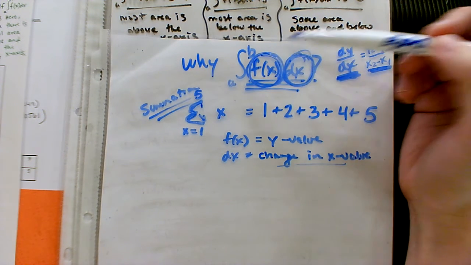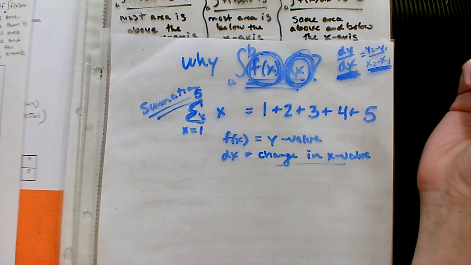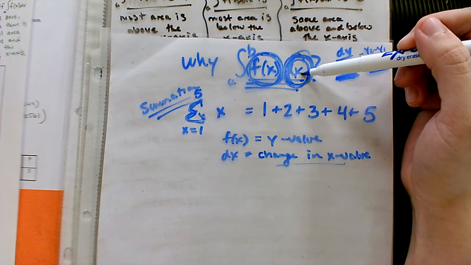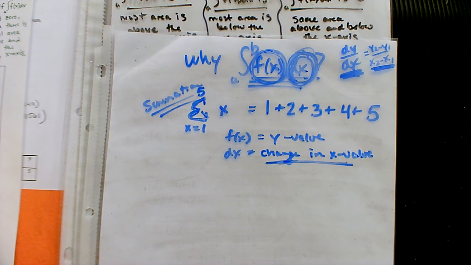This is a y value of height times a change in x, meaning a width. Height times width, or base times height, is the area formula for a rectangle. Okay, so the reason we have the dx on the end, why you absolutely have to write it, is it's representing the base of that rectangle that you draw for those Riemann sums.